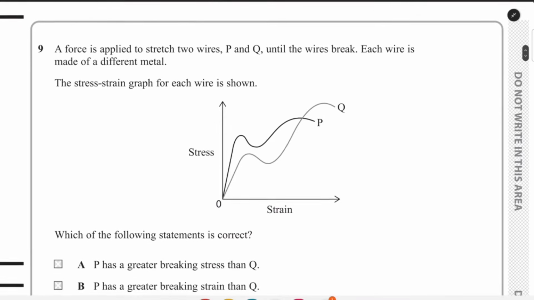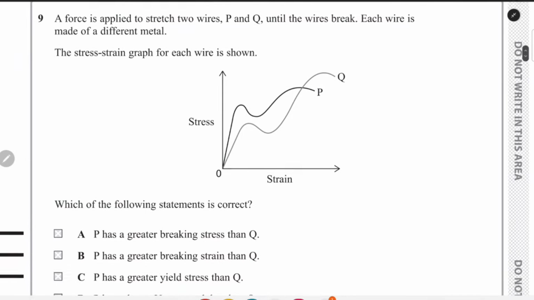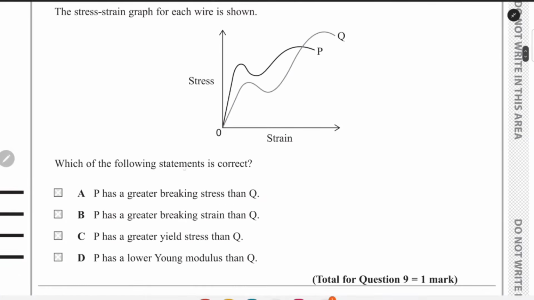Now in question 9, we are given the stress strain graphs for two wires P and Q. We have to find which statement among these is correct. We are given four statements: P has a greater breaking stress than Q, P has a greater breaking strain than Q, P has a greater yield stress than Q, and P has a lower Young modulus than Q. We consider each statement at a time.